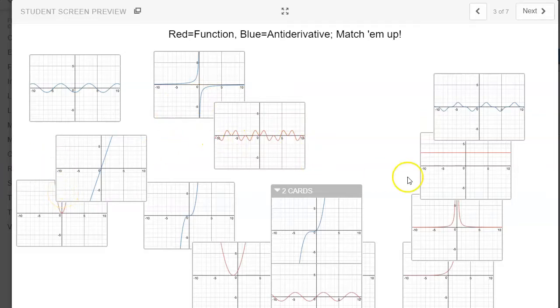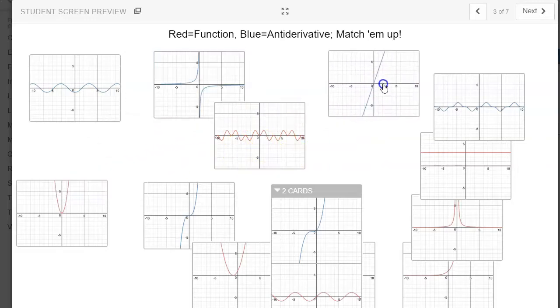So in order to find the antiderivative of one of these, what I actually need to do is start with the function or the answer, and then think, well, what is the derivative of this? So for example, this straight line is one of the easier ones. If this is the answer, well, the derivative of this, the gradient is constant, so it must be a constant function.